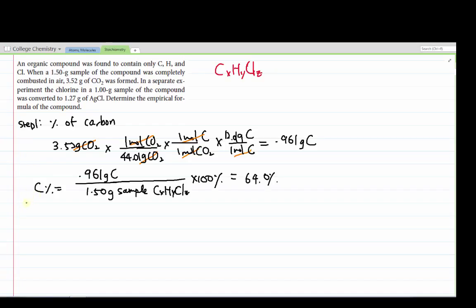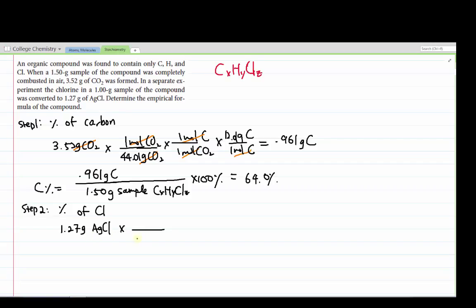So moving to the second step, we're gonna use the next sentence. In a separate experiment, chlorine was used to make silver chloride. 1.27 grams of silver chloride was formed.